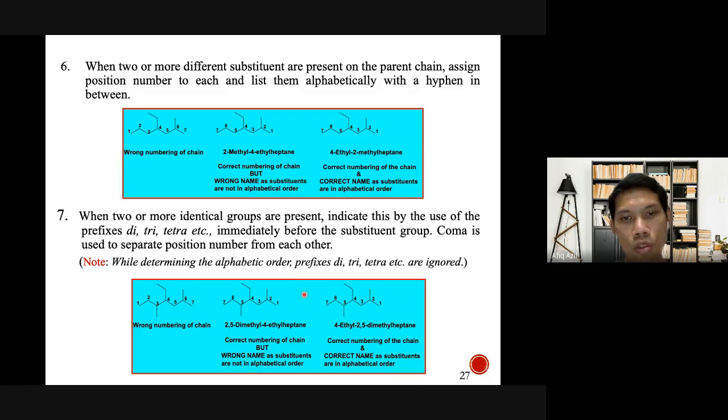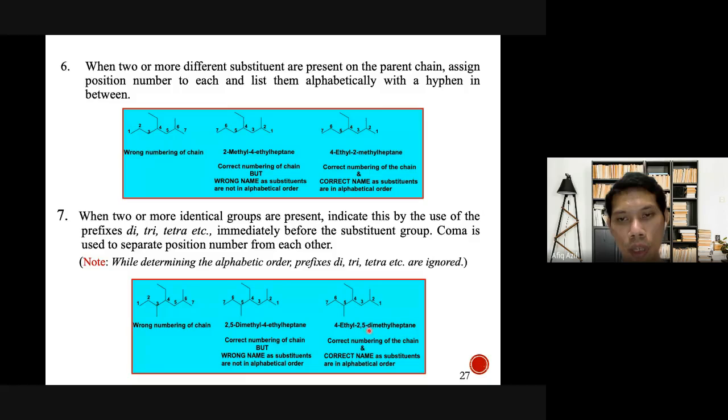So once you start giving it the correct numbering, which is from this side, because always try to give the lowest possible number, 1, 2, 3, 4, 5, 6, and 7. And the substituents also have to be written in alphabetical order. So instead of 2,5-dimethyl 4-ethyl heptane, it should be written as 4-ethyl 2,5-dimethyl heptane.